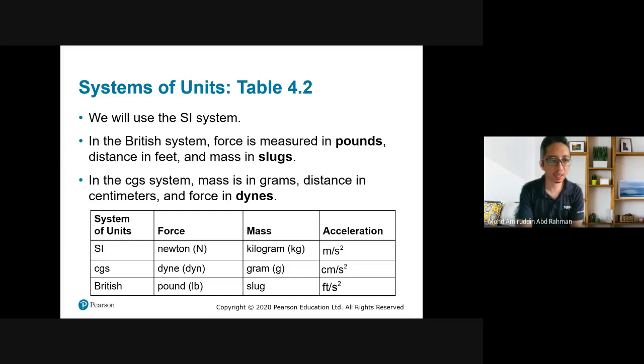In SI, for the mass we use the kilogram, and for the force we use Newton. And acceleration is meter per second squared. So this is the comparison between SI, CGS, and the British units.